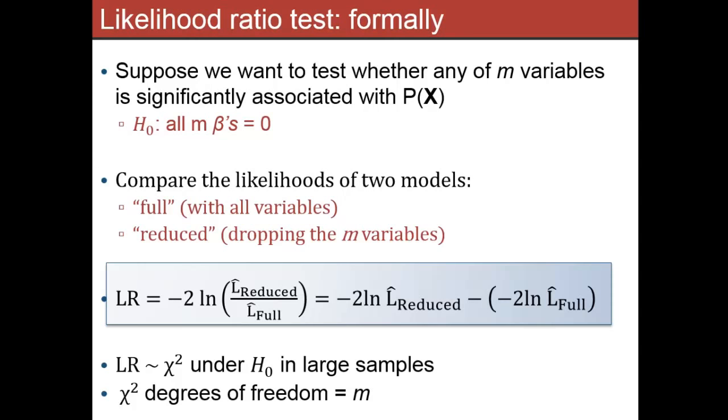That's going to be a chi-square with 2 degrees of freedom because I'm dropping 2 terms. If I'm dropping a single categorical variable with 2 dummy variables, that's also 2 terms. It's the number of terms being dropped, not the number of variables. If it's a 3-level variable, high, medium, low, and 2 dummy variables get dropped as part of that, in the statistical test, it's a 2-degree of freedom test.